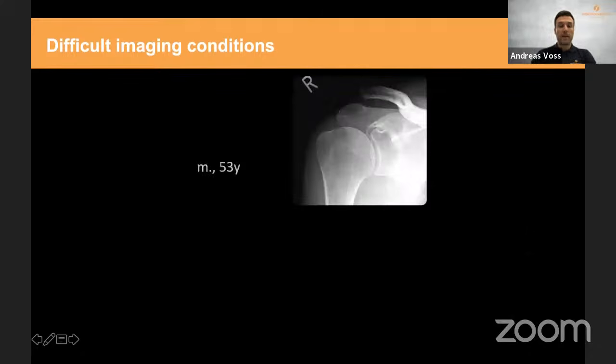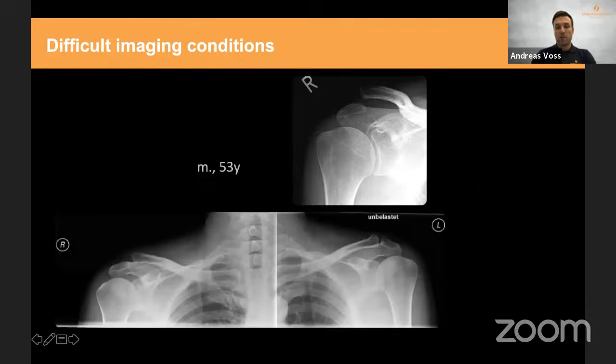So this one would be a male 53-year-old patient. You can also see here a dislocation in the AC joint, but if you use the bilateral Zanca view or panoramic view, you don't see any higher grade dislocation compared to the left healthy shoulder.